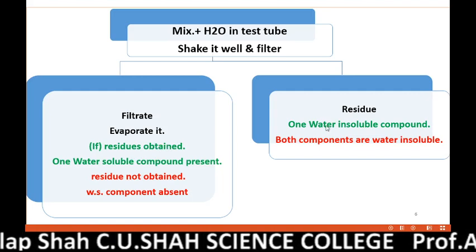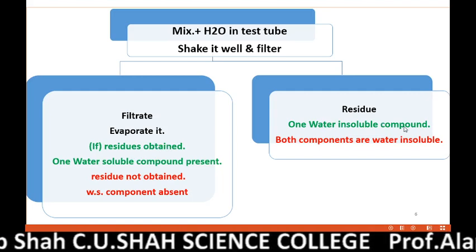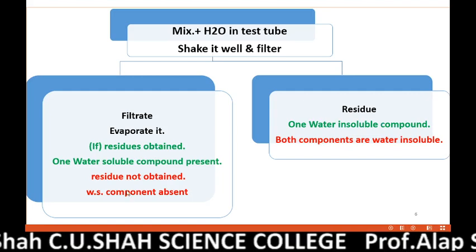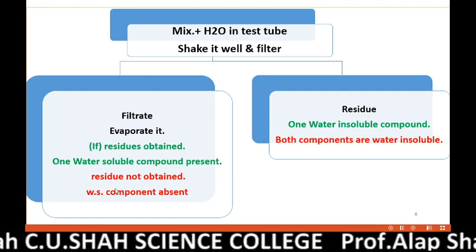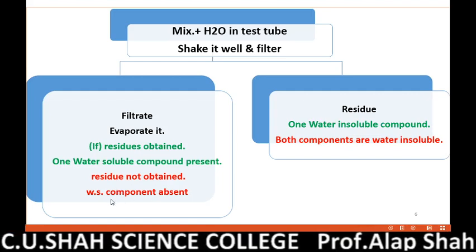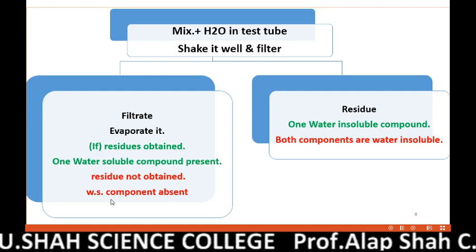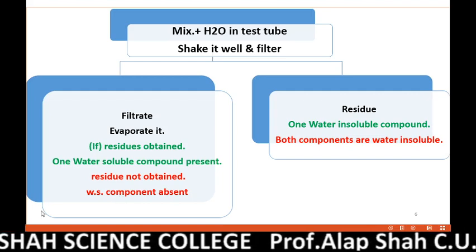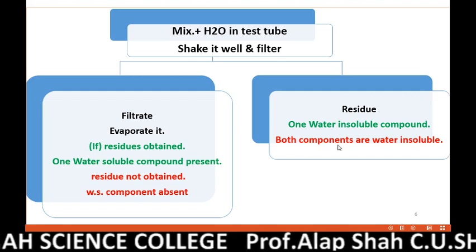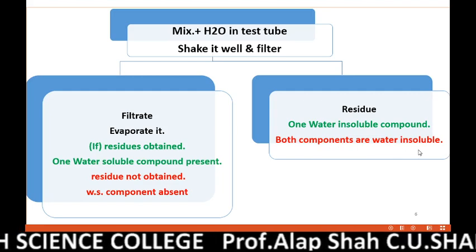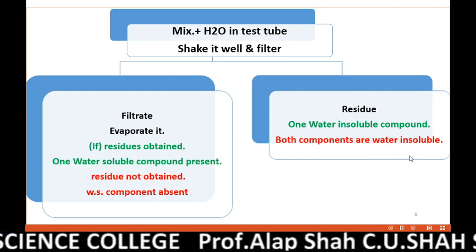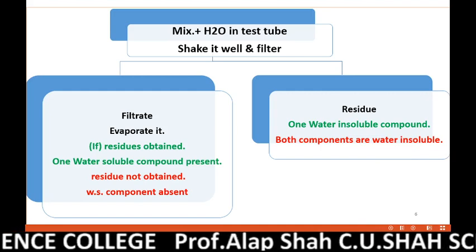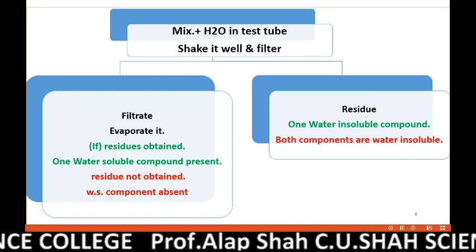So obviously the other compound is water insoluble. But in this process, if you don't get residue, we would say the water soluble component is absent. In that case, the type will be that both components are water insoluble. But right now we want to discuss water soluble and water insoluble components.